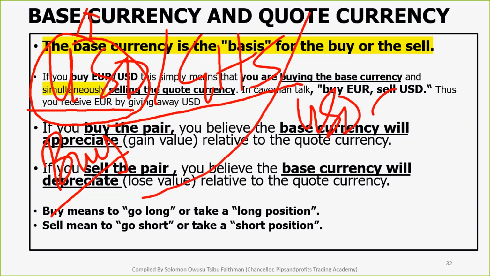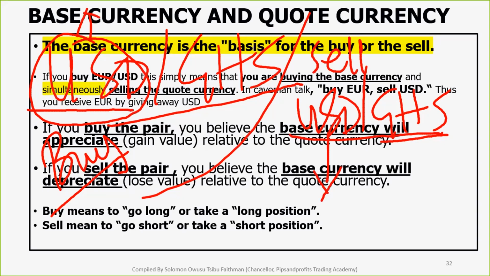Now, the other way around, the US dollar against the Ghana cedi: when you anticipate that the US dollar is going to be weak against the Ghana cedi, then you sell.